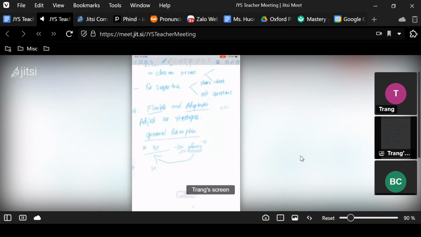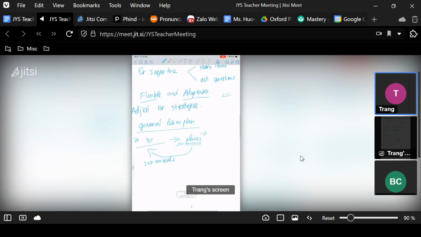Can you continue this example? So, for example, you're teaching about sea animals, but students want to know about something else. They want to learn about diving, for example, the diving sport. You know, the deep diving.